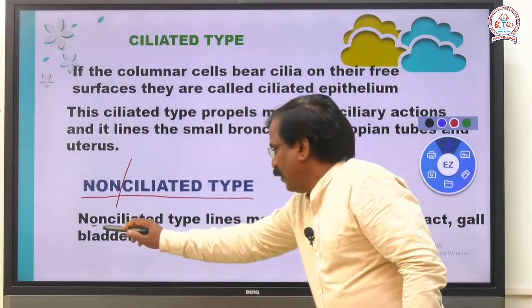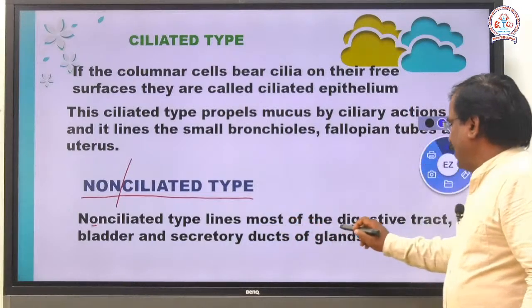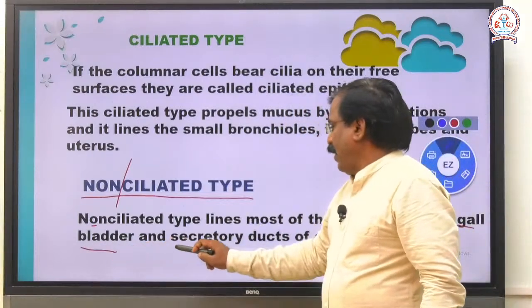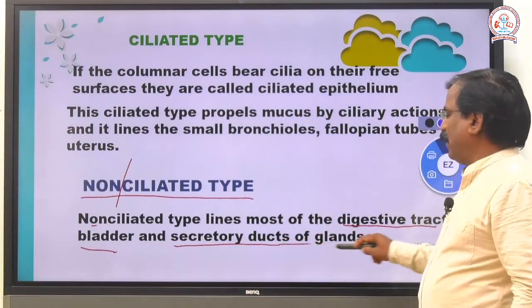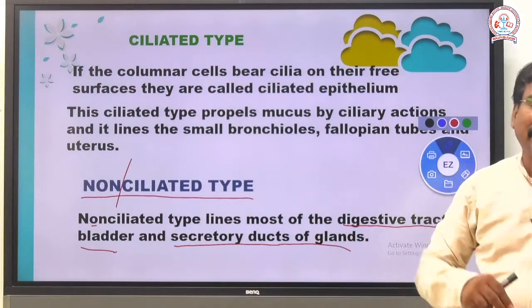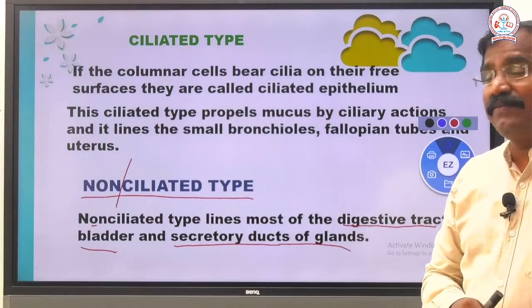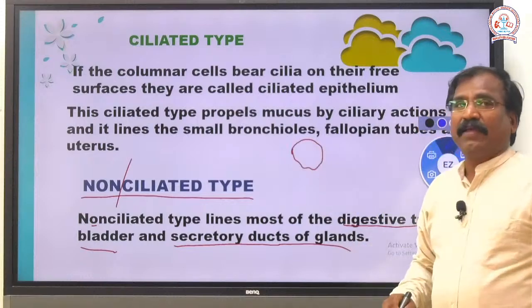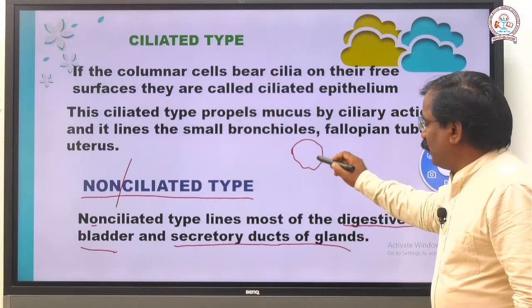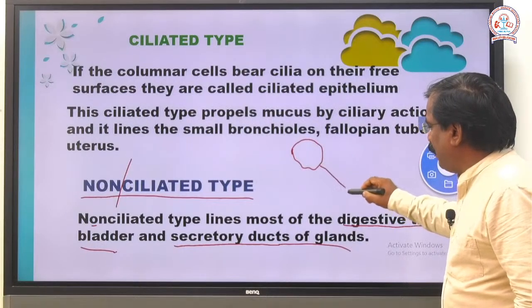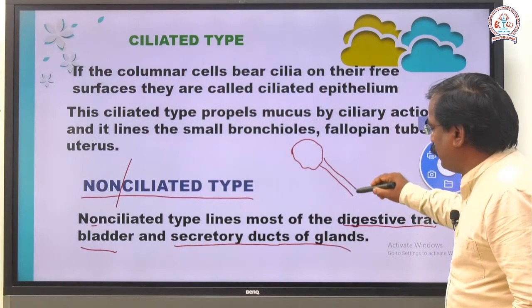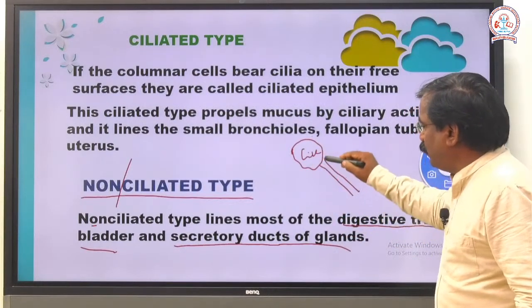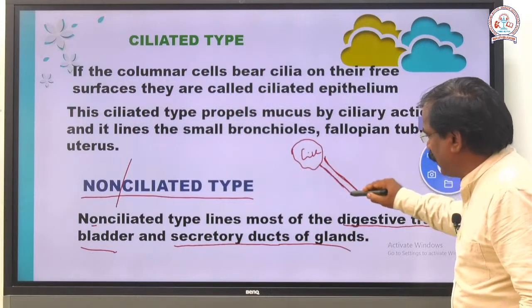The non-ciliated type lines the digestive tract, gallbladder and secretory ducts of glands. Ducts of the glands: for example, the salivary gland produces saliva, and that saliva is taken by the duct, a tube that carries the secretion to the target organ. Take the liver: it secretes bile juice, and there is a bile duct to carry the secretion to the intestine.